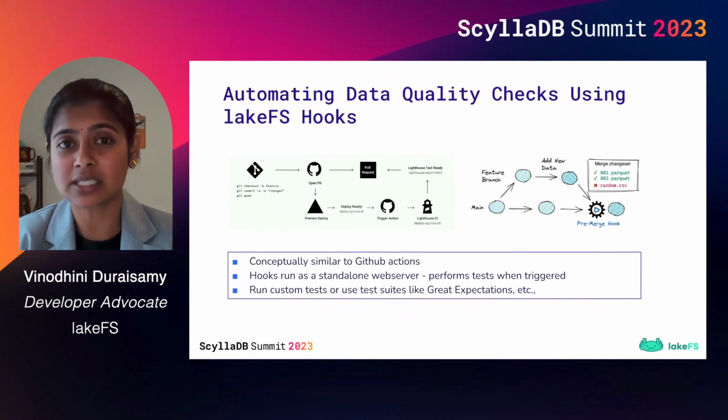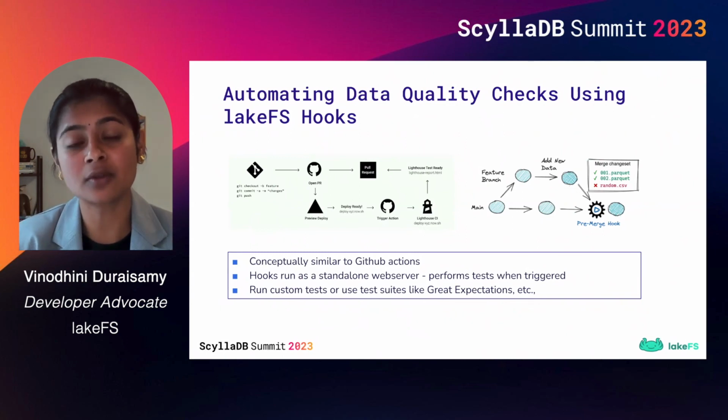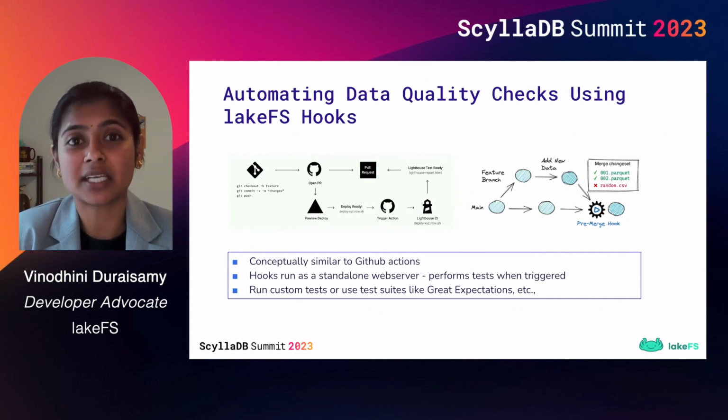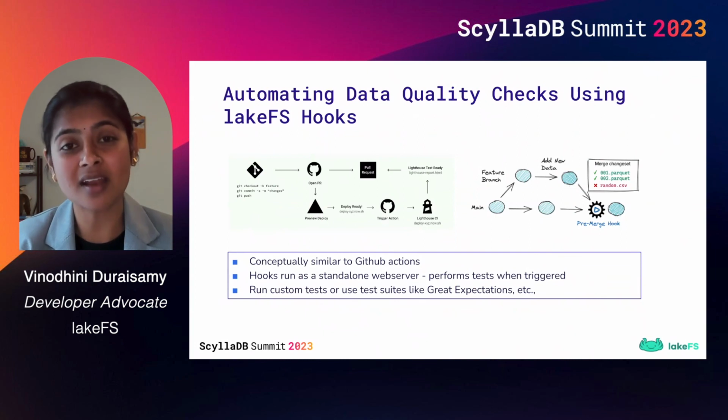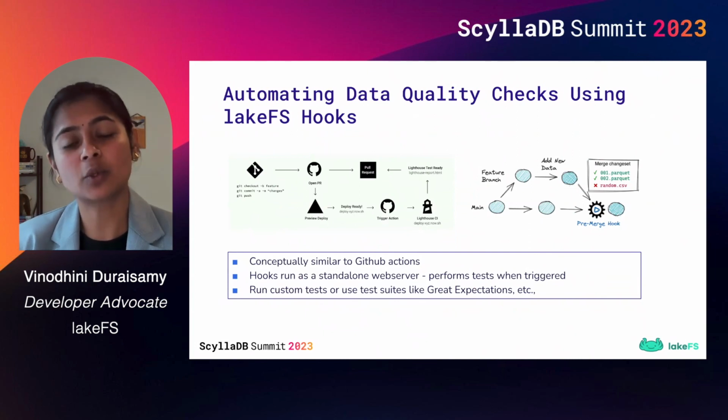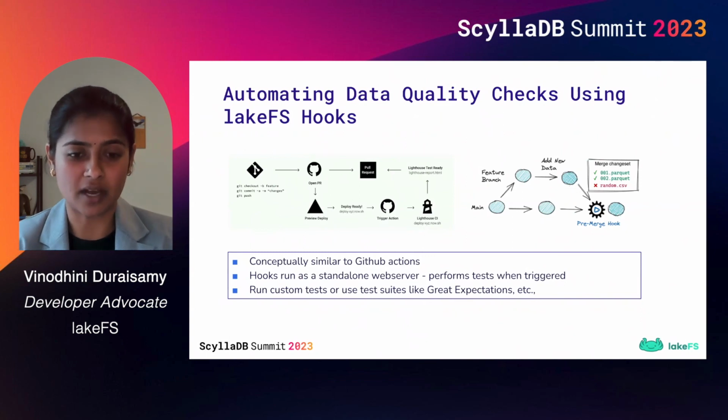And only if those checks are successful will lakeFS let you do the commit. For example, when we merge our data into production, we can have a set of tests run for us, or you could even have Great Expectations or Soda.io run a suite of tests. And only if those tests are successful would we want to deploy our data into production.